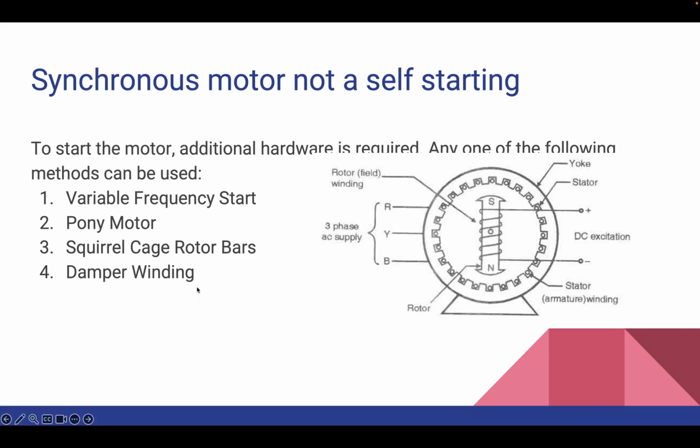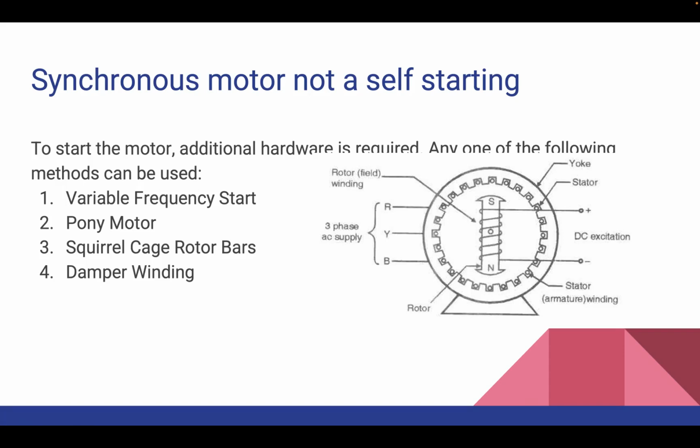And then we have, finally, the damper winding. Some synchronous motors use damper windings consisting of heavy copper bars which are inserted into the slots of the rotor poles. These bars are short-circuited by the end rings, and it forms something like a squirrel cage winding.